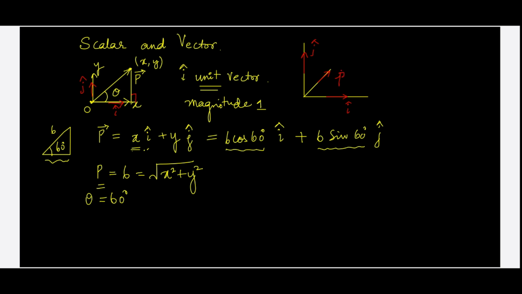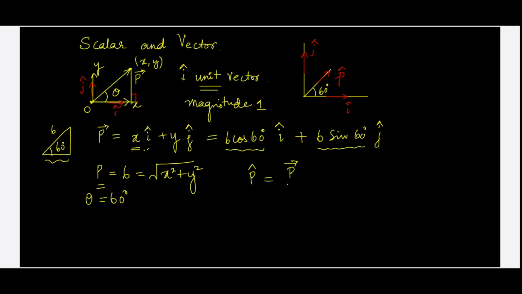Let us call it P cap, because it is along P. This unit vector is along P, at 60 degrees.